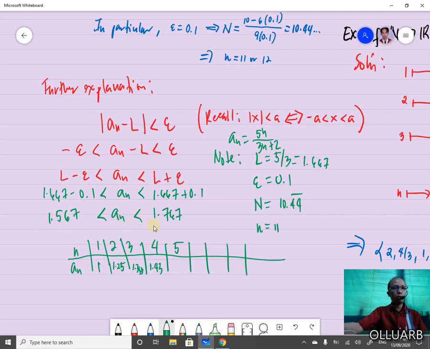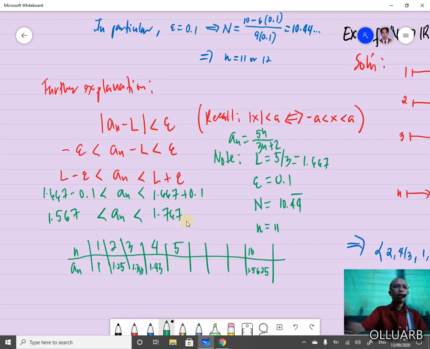This is true for all values of n from 1 up to 10. For example, if you have 10 here, then the value is 1.5625. Again, as you have noticed, it is not greater than 1.567, but less than 1.767.